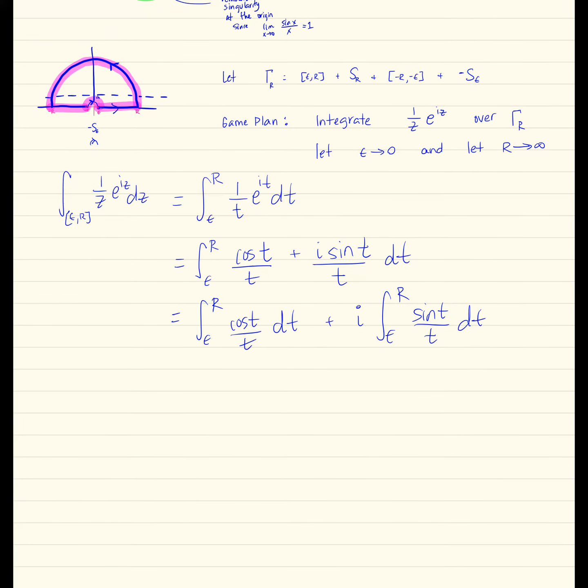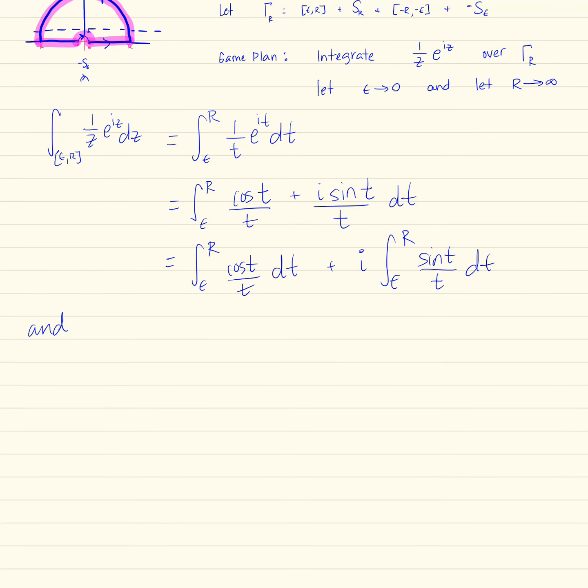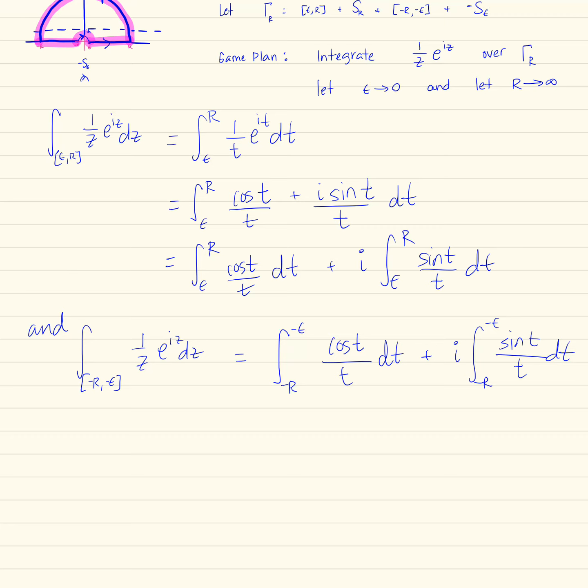But we'll also have that the integral going from negative r to negative epsilon of 1 over z, e to the iz dz, is going to be the integral from negative r to negative epsilon, and we'll have the same thing, cosine t over t dt, plus i times the integral from negative r to negative epsilon of sine t over t dt, right?